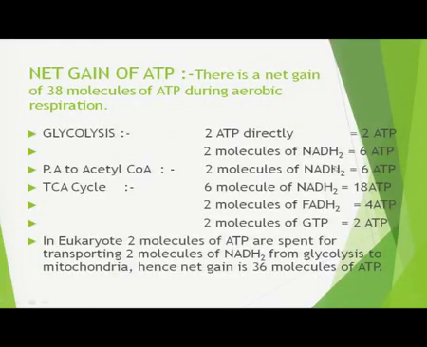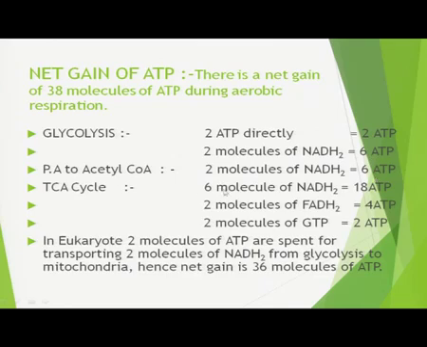Now, here is the summarized form which I have already discussed. Glycolysis, 2 ATP directly, and in glycolysis 2 NADH, 6 ATP. When pyruvic acid changes into the acetyl coenzyme, 2 molecules of NADH2, 6 ATP is formed.